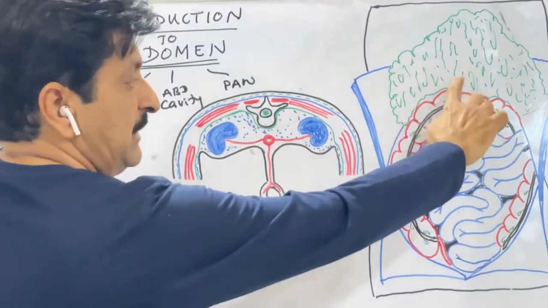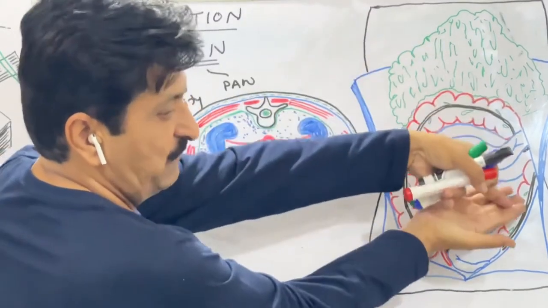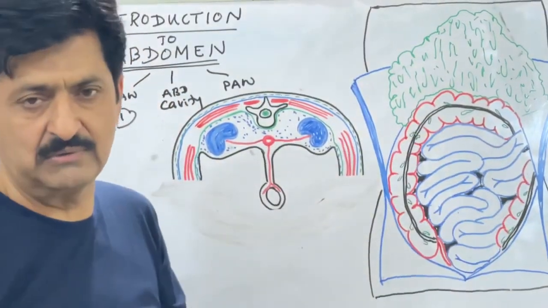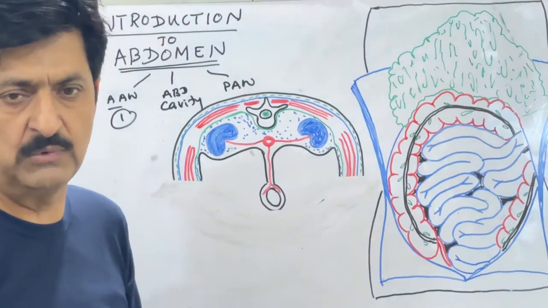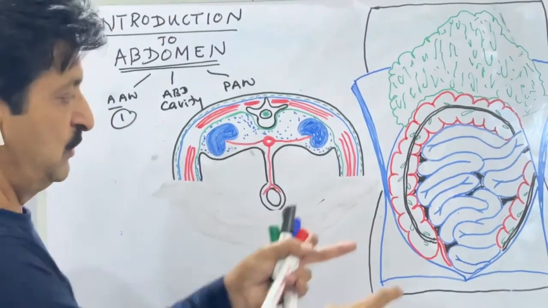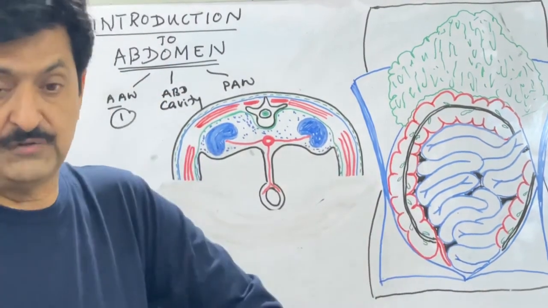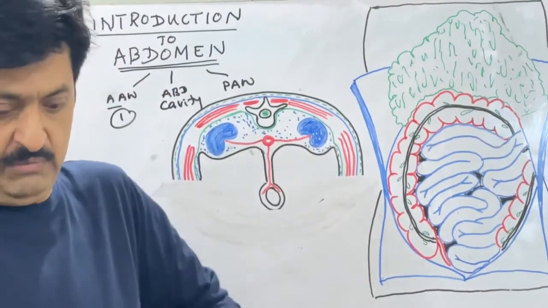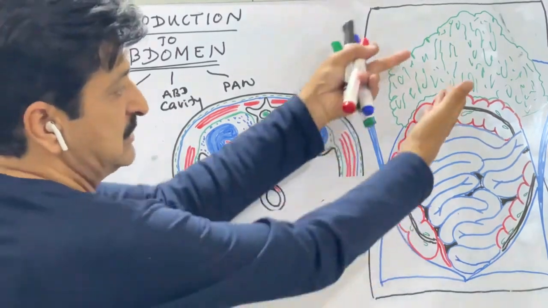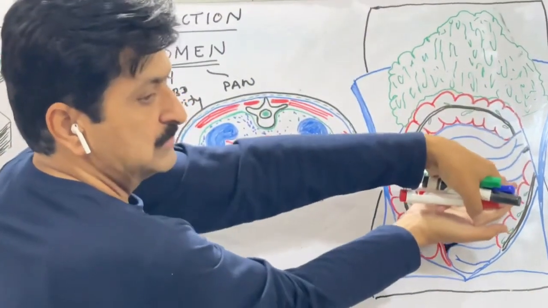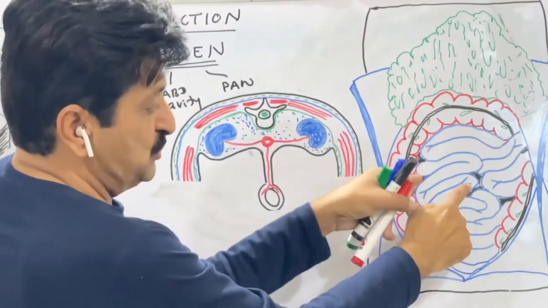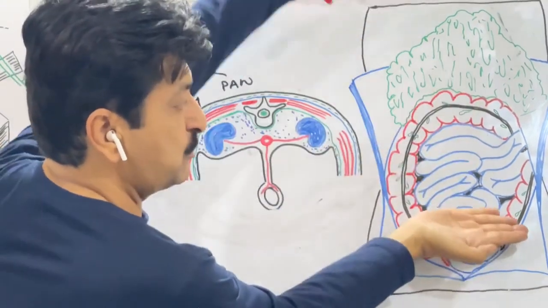You will see, like a blanket, fat embedded within the peritoneum, within the greater omentum. You can't see these coils of intestine because they are hidden by this blanket of greater omentum. If you want to see them, the greater omentum has to be reflected up.